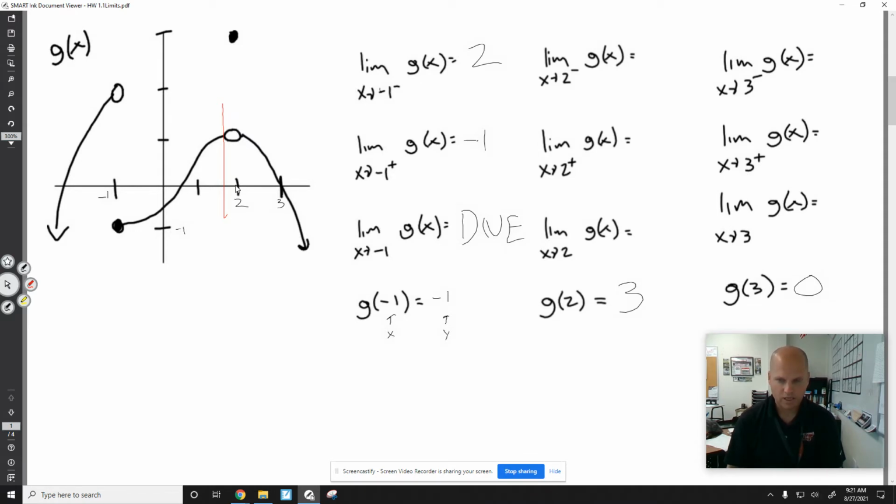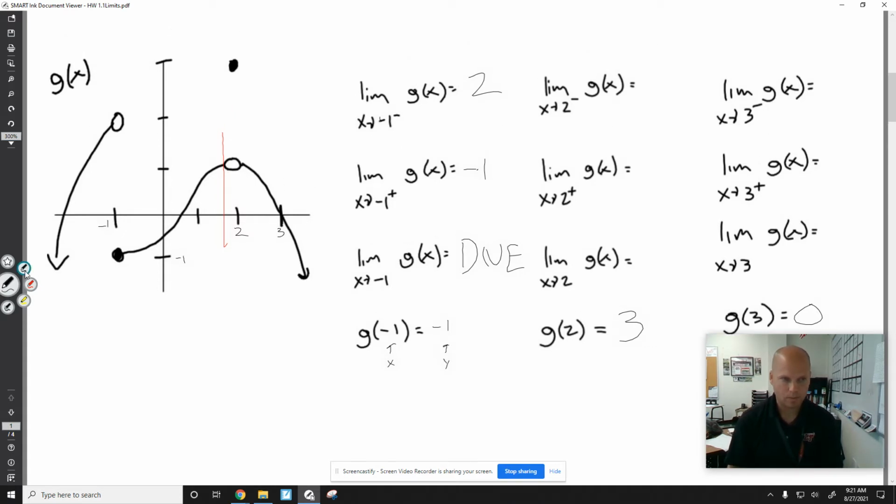If I plugged in something like 1.99999, infinitely close to 2, I would get a y value that's very, very close to this open circle's location at 1. So that's why I say the left-hand limit as x approaches 2 is going to be 1. That's the y coordinate that I'm approaching from the left.